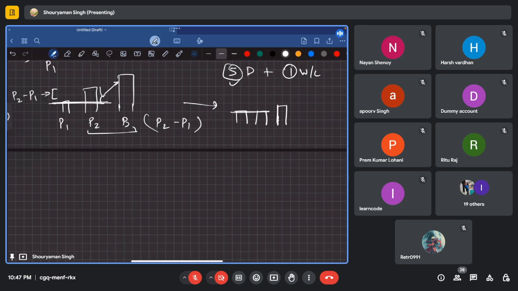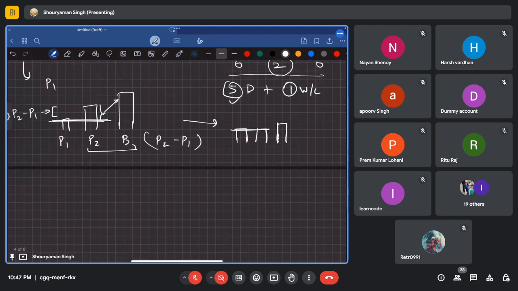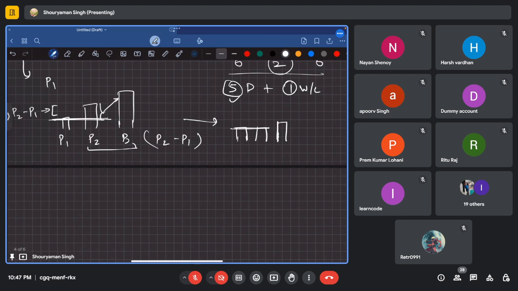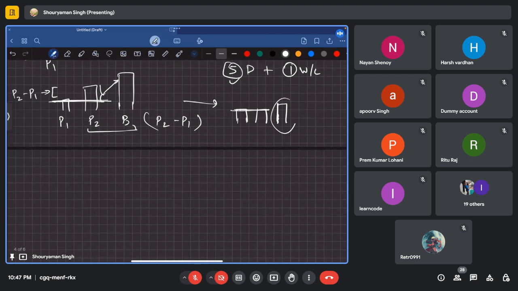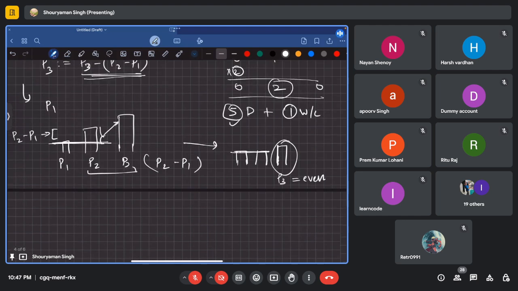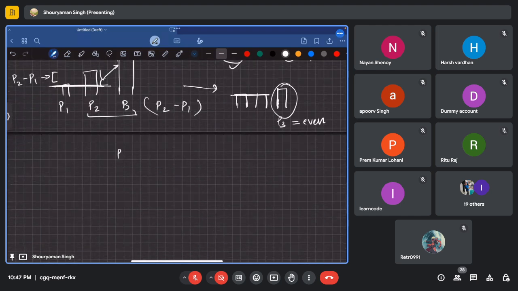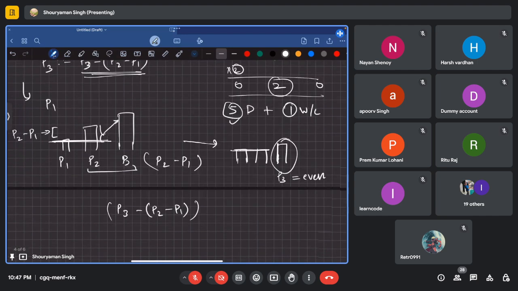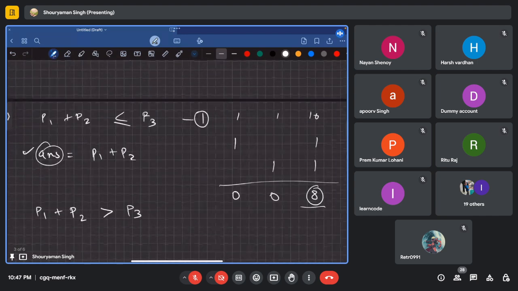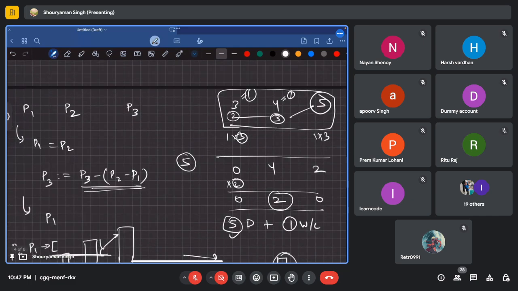Now, once these two are equal, there's one more important observation to note here, that after doing this, P3 will always be even. If you want to prove it, I can tell you, P3 minus P2 minus P1, this will be even.